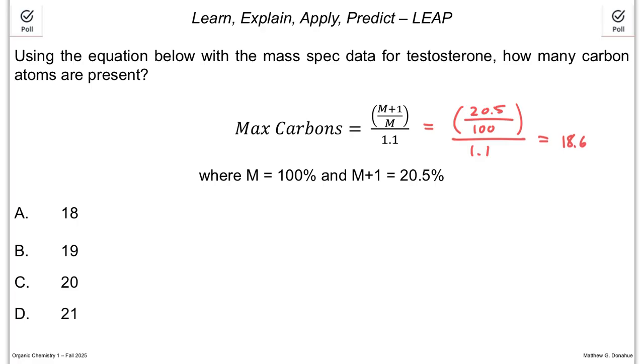So we got 18.6, we're going to take 19 as the number. I shouldn't say max, I should say exact. In a sense, I guess they could be the same thing.